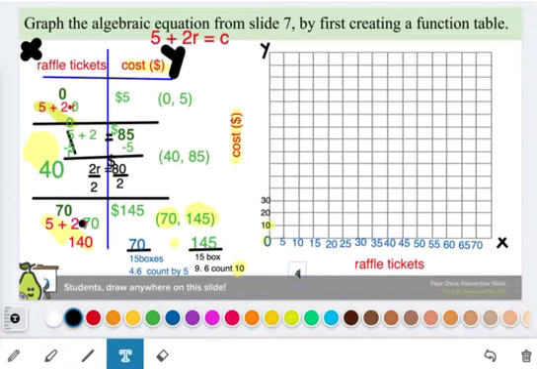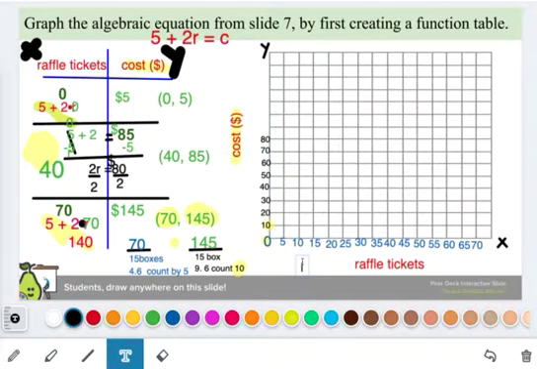40. 50. 60. 70. 80. Takes so long, huh, you guys? But hey, easy stuff.